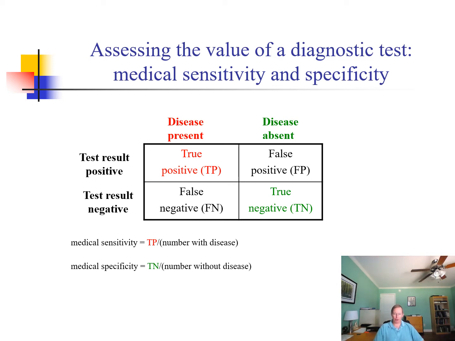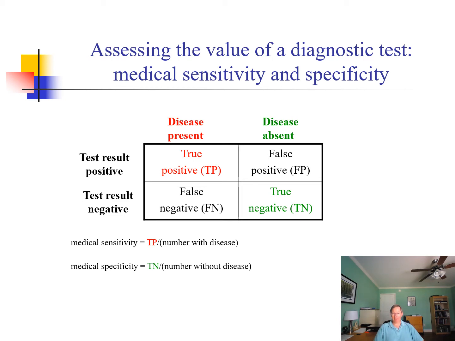And I've done a little 2x2 square that shows you there are four possibilities. If the disease is present and the test result is positive, that's what I want. Test is positive, disease is present, that's a true positive. Likewise, if the disease is absent and the test result is negative, true negative. That ideally is what I would like, but all tests don't do that.